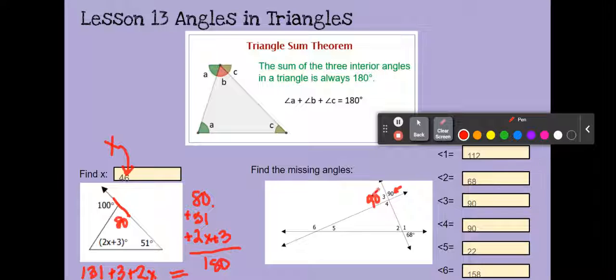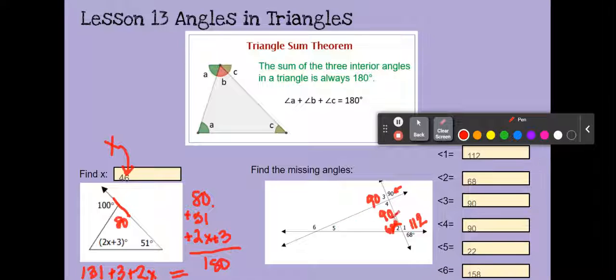That means 3 is 90, 4 is 90. 3 and that 90 are linear pairs. 4 and the 90 are vertical. 2 is vertical from 68, so 2 must also be 68. 68 and 1 have to be linear pairs. So 180 minus 68, 112.